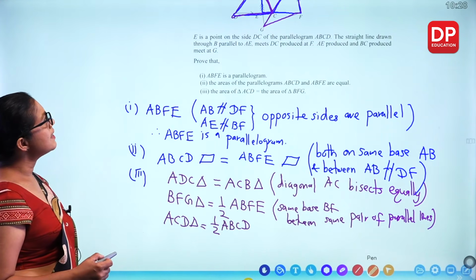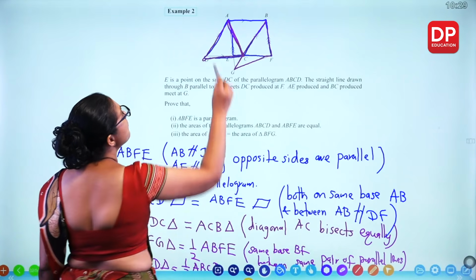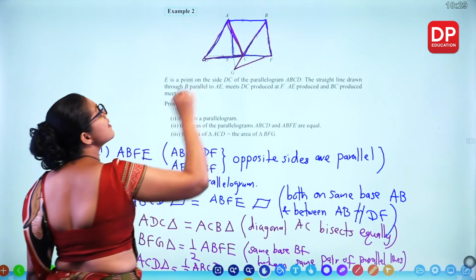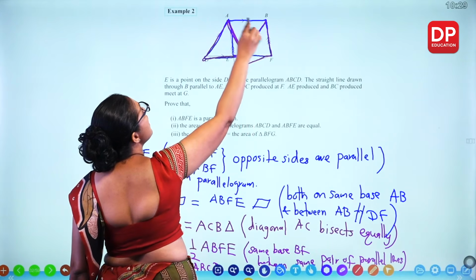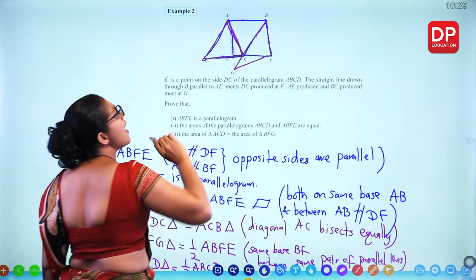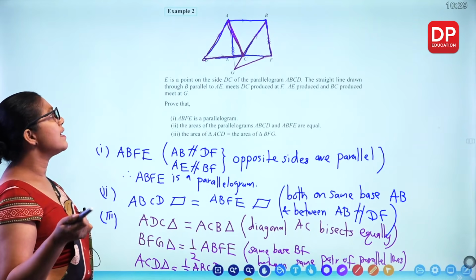What's the reason? Again, same as before. Here we'll look at the diagram. This bisects equally, and if you take this area, this and this add up to the parallelogram area. So if you take one triangle, that's half of it.